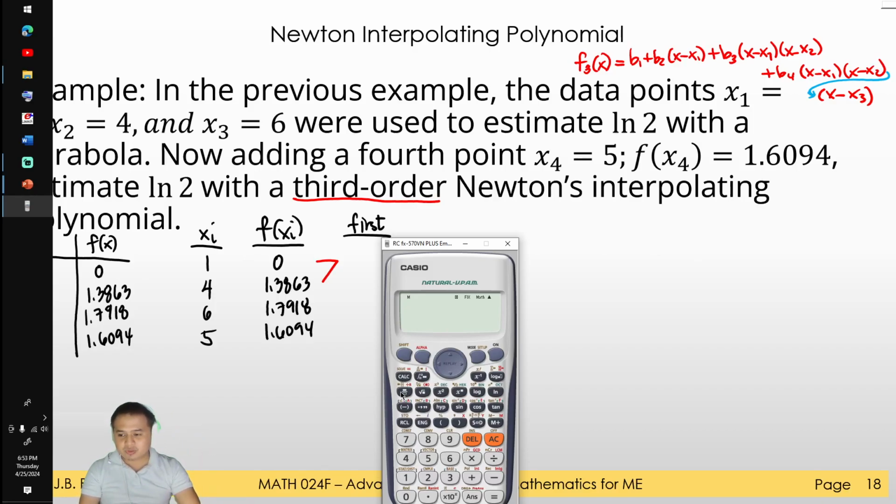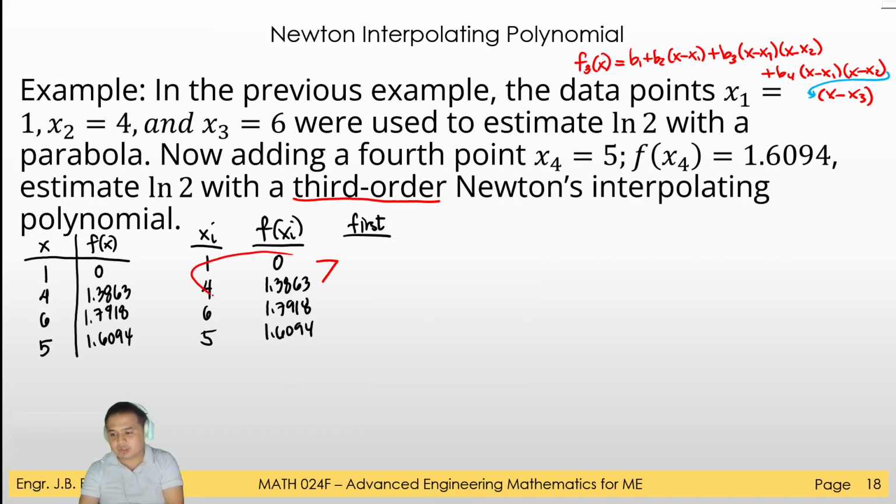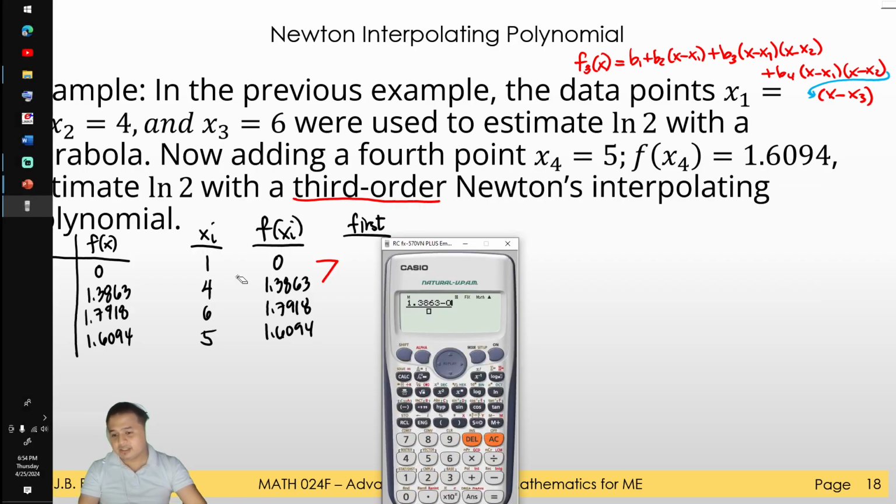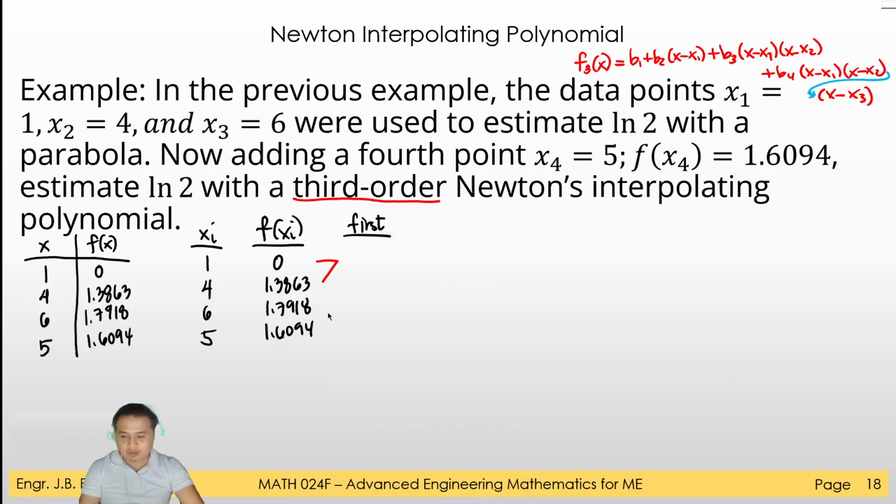To find this first one, we take the difference of 1.3863 and 0. We have these two rows, guys. Subtract this, and divide by 4 minus 1. So we have here 0.4621, okay? And then do this again.